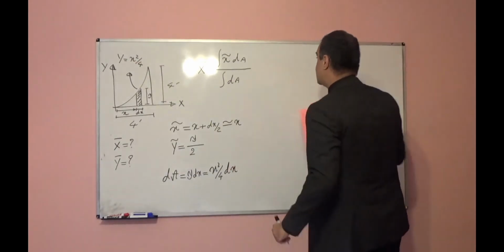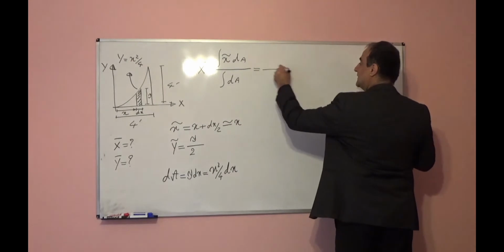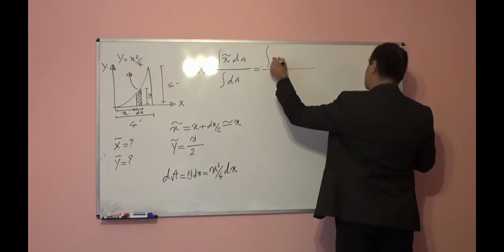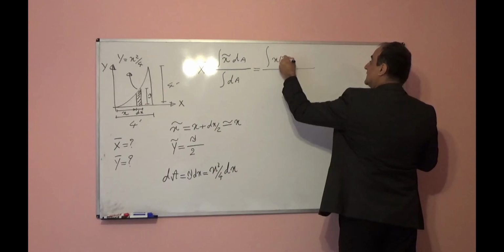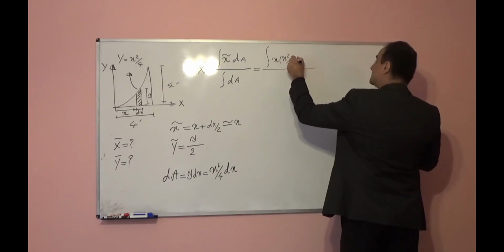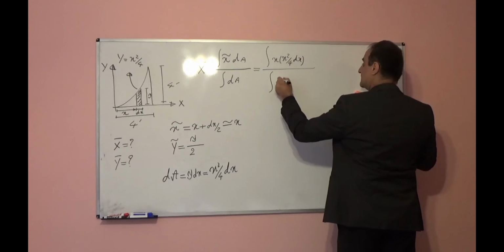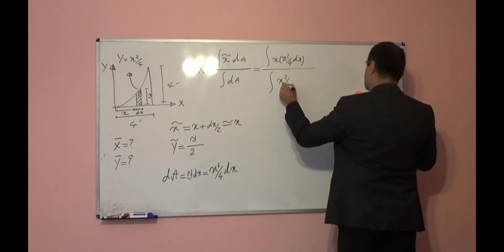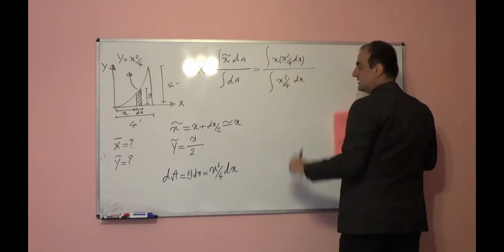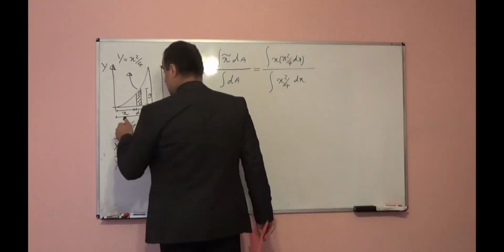So if I plug in here, this will be integration of x times x squared over 4 dx divided by integration of x squared over 4 dx. What is the variation for x?